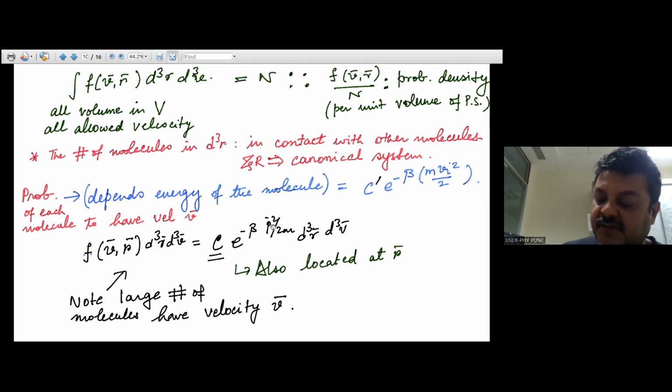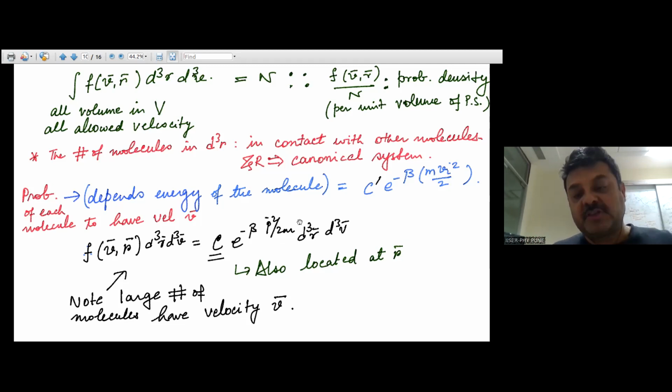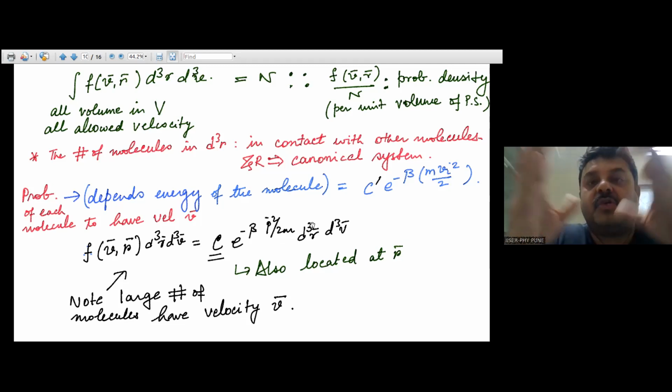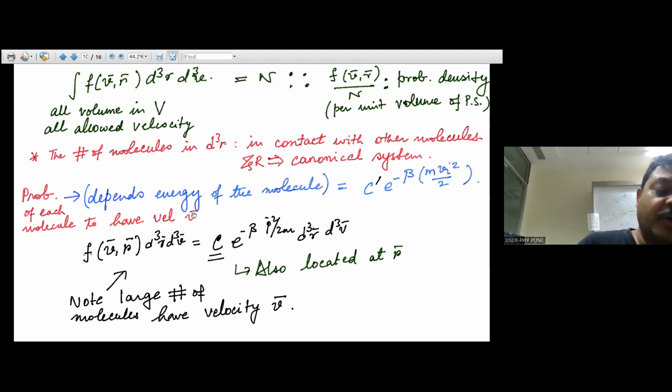This is the same as half m v squared, the momentum of each of these molecules, and they are independent of each other. The number will of course depend upon the size of d3r. If d3r has a larger volume, there will be a larger number of molecules moving.